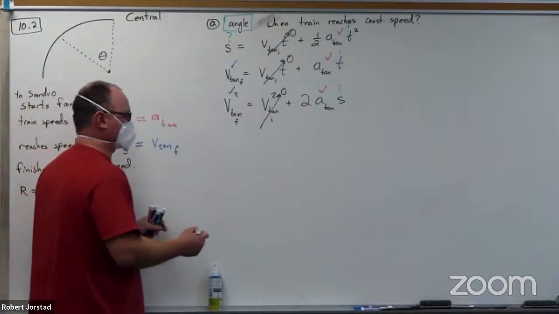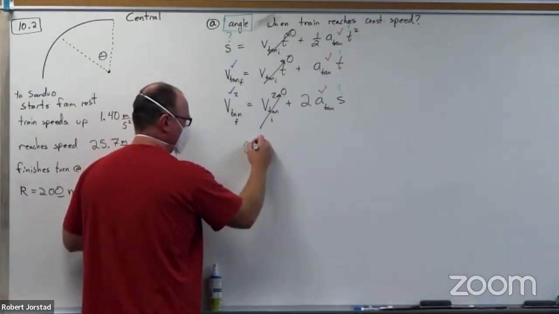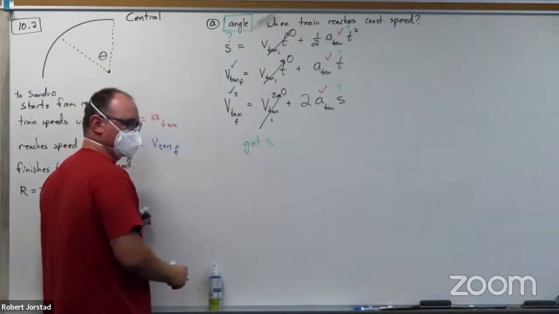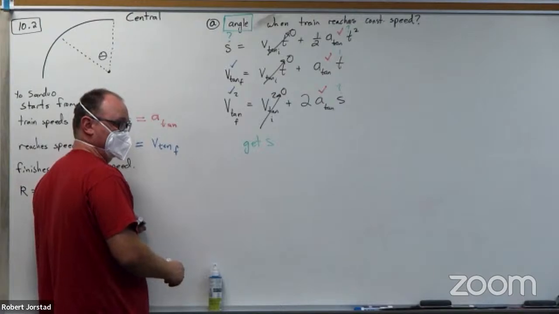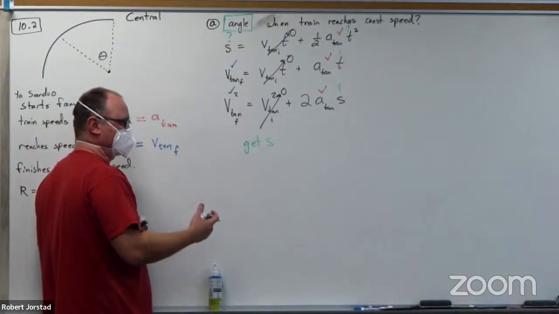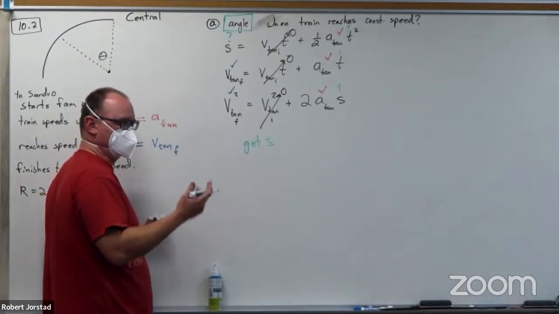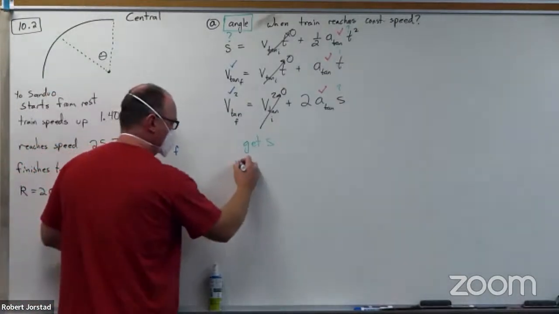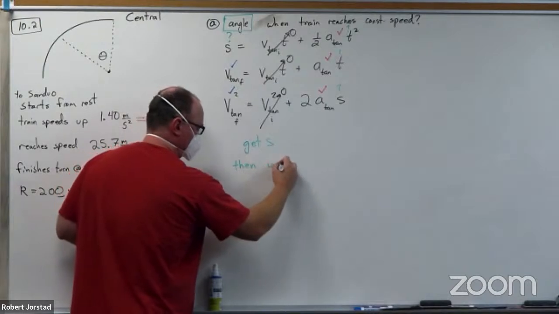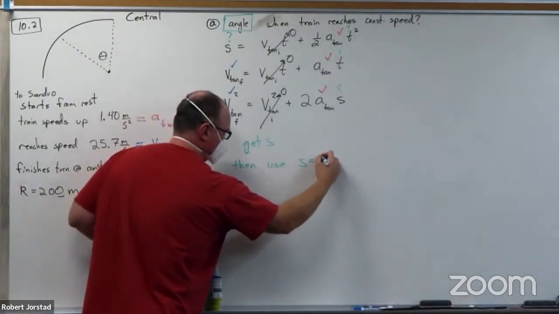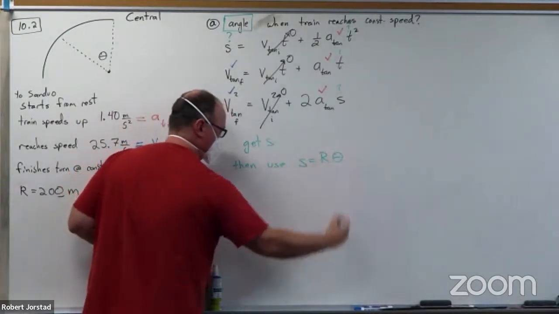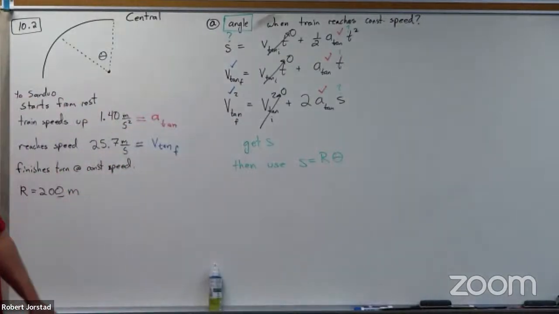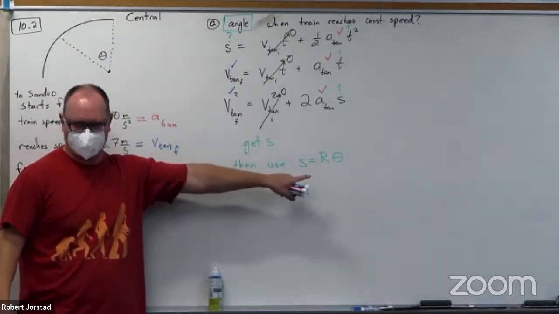Okay, so we can get S. Then what do we do with it? What's the equation we could use to get from S to theta? Yeah, you can look it up. That one. You had the right idea.